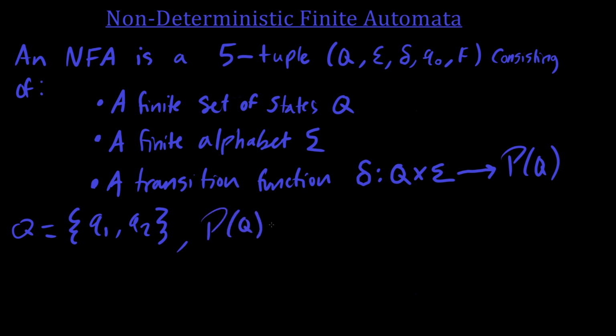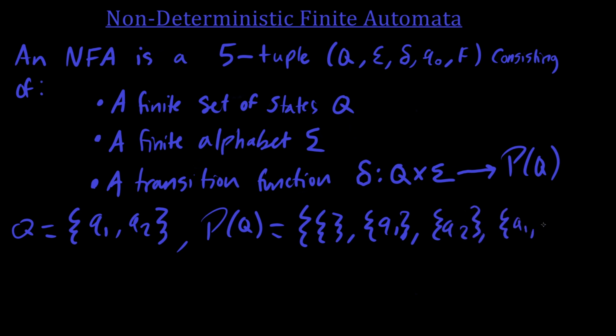Well, the power set of Q is the set containing the empty set, the set containing Q1, and then we need the set containing Q2, and then finally the set containing Q1 and Q2. Okay, cool. So here's our power set of Q. It contains the empty set, {Q1}, {Q2}, and {Q1, Q2}.